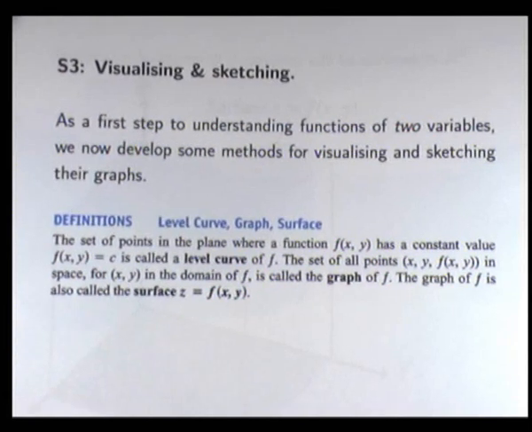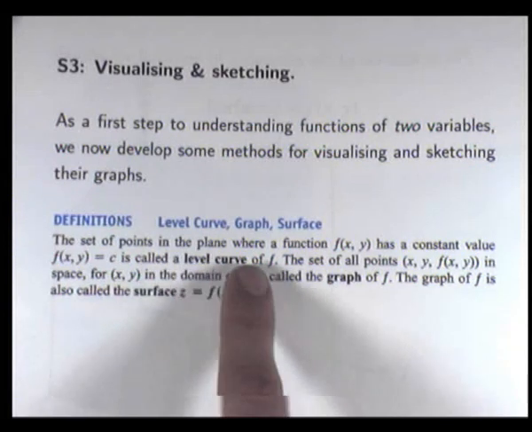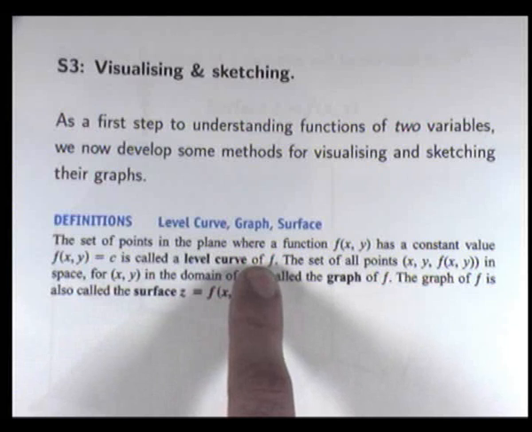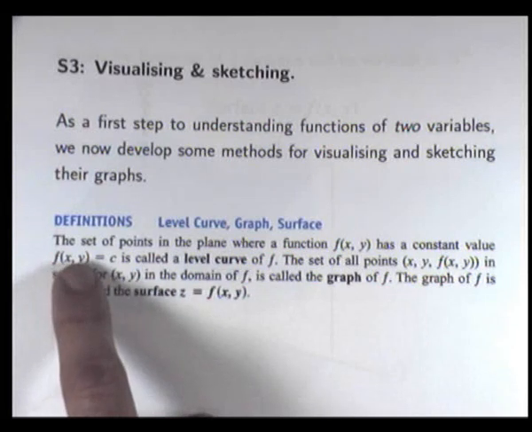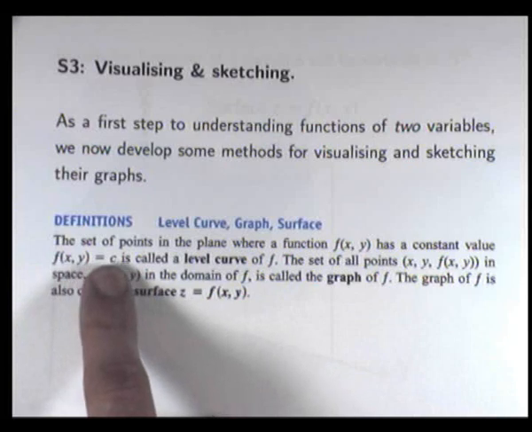To do that, we're going to develop some basic methods, and we need some definitions. The first definition is the definition of a level curve of a function f. This is just the set of points where the function of two variables equals a constant. Basically, they're just going to be curves in the xy plane.